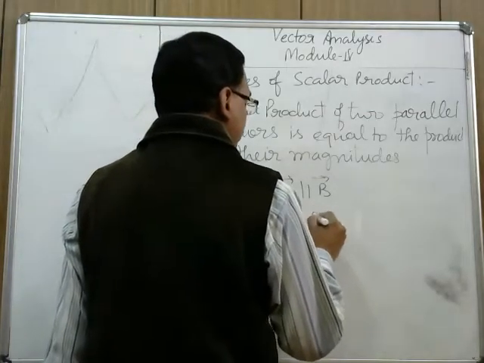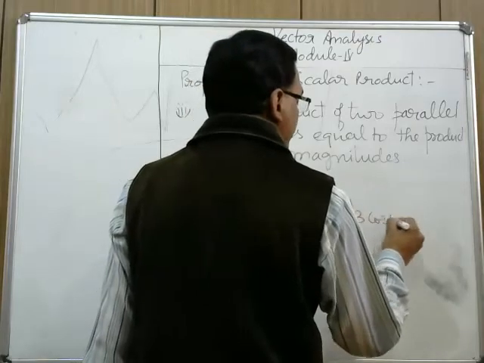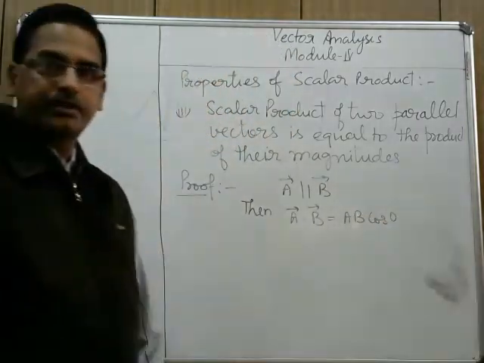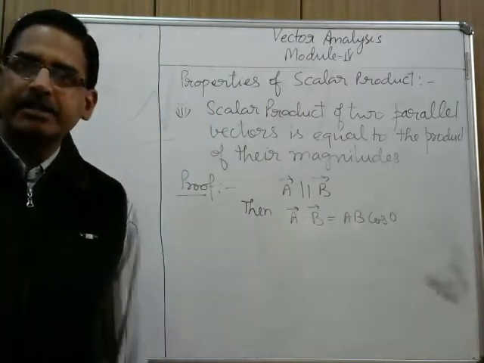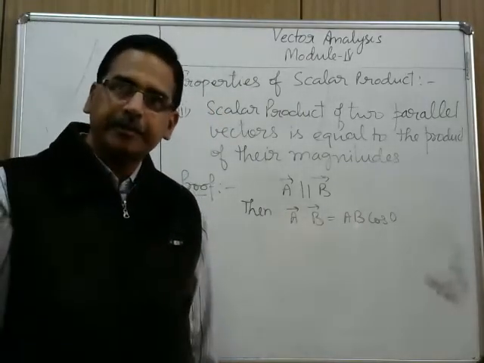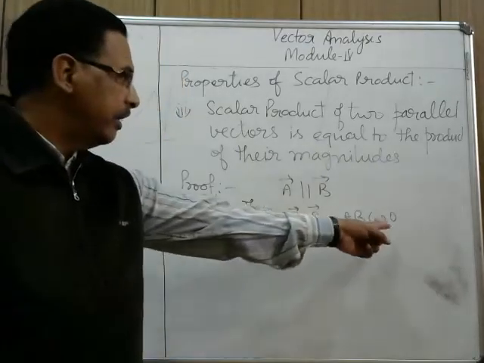A dot B equals AB cos 0. Since A and B are parallel vectors, means their directions are same, so angle between them will be 0. That's why I have taken angle 0.